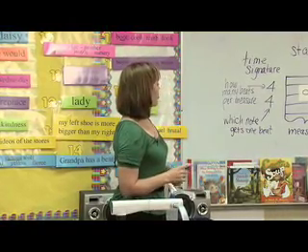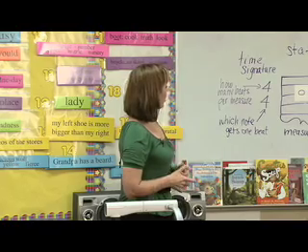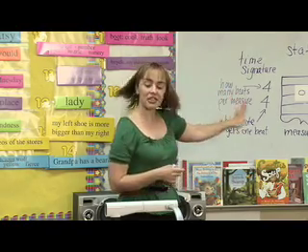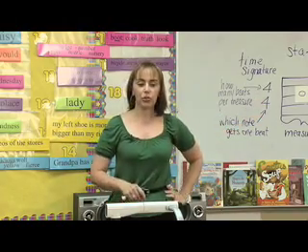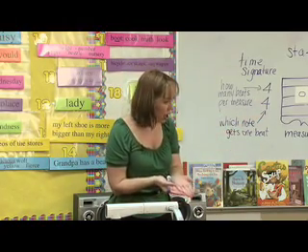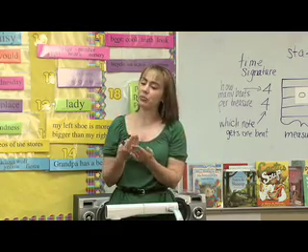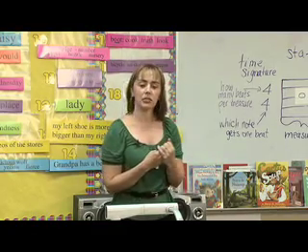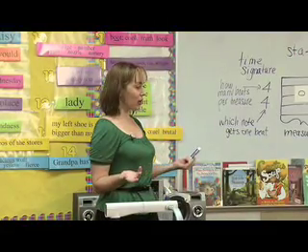Now, I have another math question for you. If we know that there have to be 4 beats in one measure, it has to equal 4, and I'm telling you that the whole note takes up the whole space, just like its name sounds, how many beats do you think a whole note gets? Yes, Zoe? 4? 4, that's right.